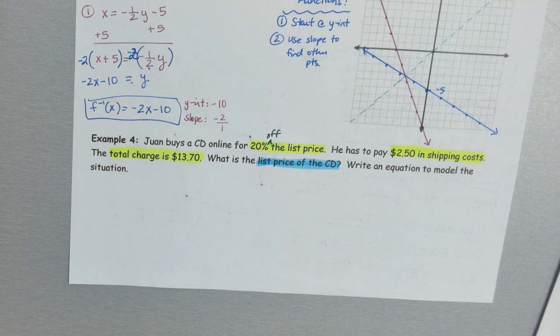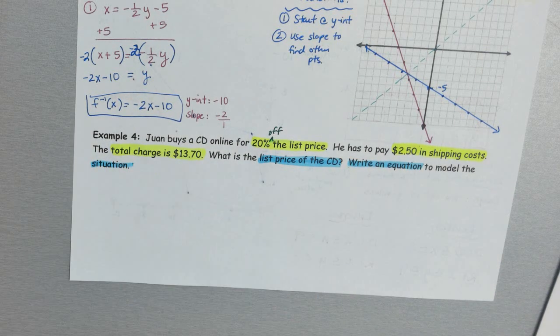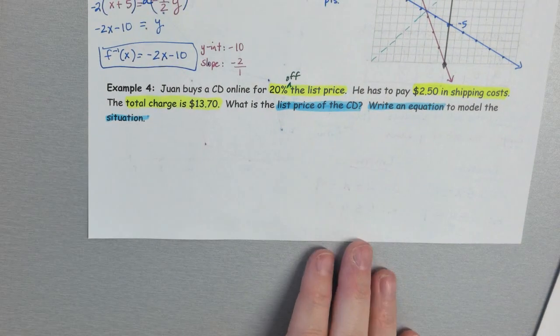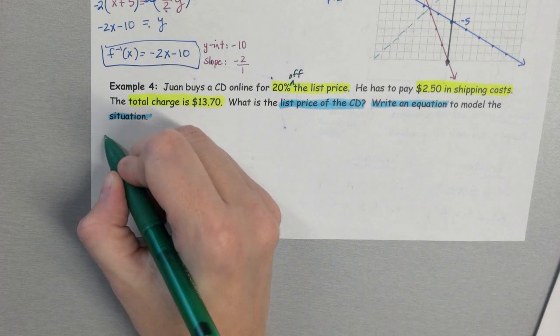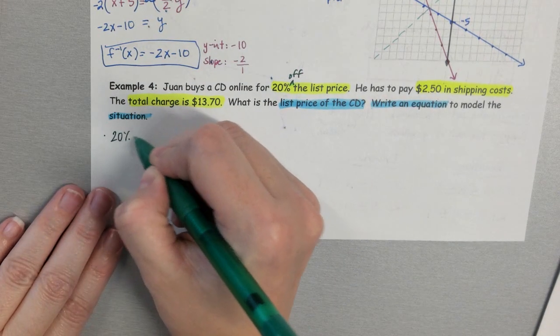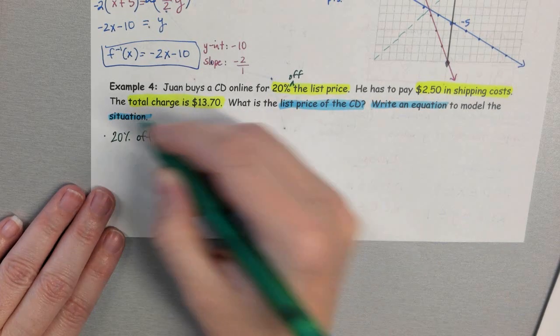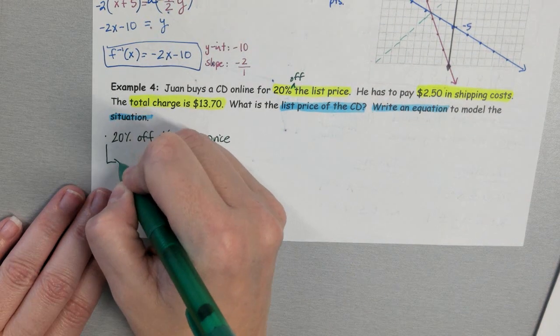Okay, and then we are going to write an equation to model the situation. And we're also going to solve this using our inverse techniques. So the first thing I think about is if it's 20% off of the list price, how much is he paying of the list price?